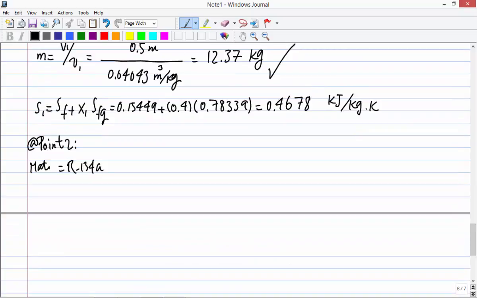So at this point, I don't know what the status is. I don't know what the mixture is. So I need to solve for x2. If I get x2, then I can do the same procedure that I did here: go to the table at 400 kPa, find Sf and Sfg, solve for x2, then put it back there and find S2, right?